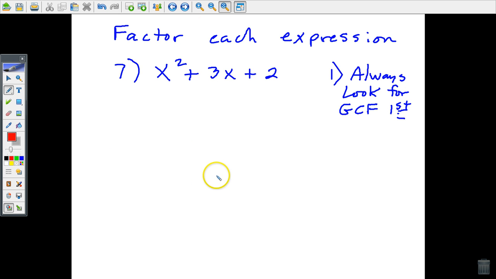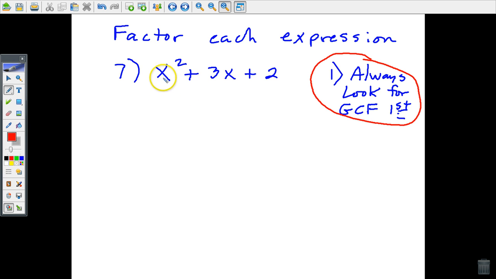All right, now a little further down there's a block of problems that are going to require factoring. And I would just say this, it's very important that no matter what kind of factoring you end up doing, this should always be your first look. This should always be the first thing you consider. Ask yourself the question, is there a GCF?